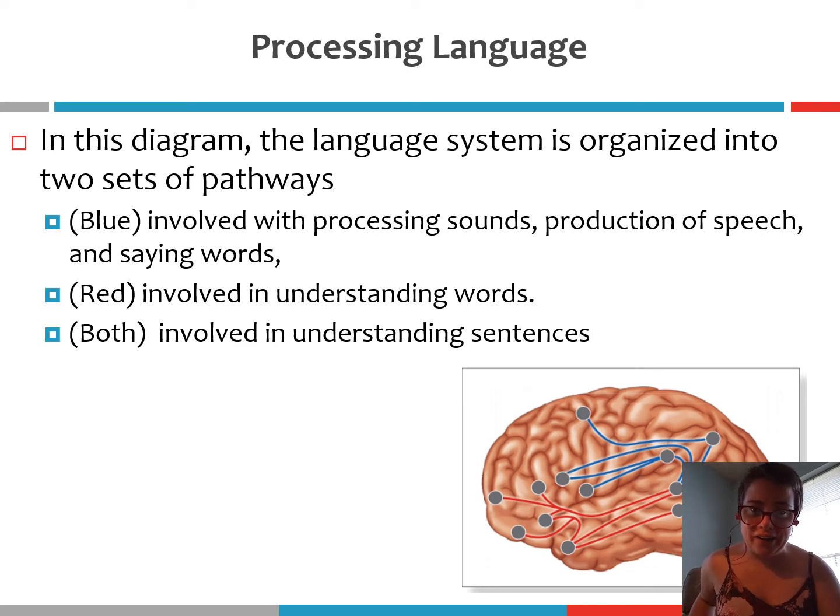All of those areas are going to be activated simultaneously. Similarly, all of the areas indicated by the red line are simultaneously activated during speech comprehension. And both the blue pathway and the red pathway are activated when we're trying to engage in basic sentence comprehension, right?